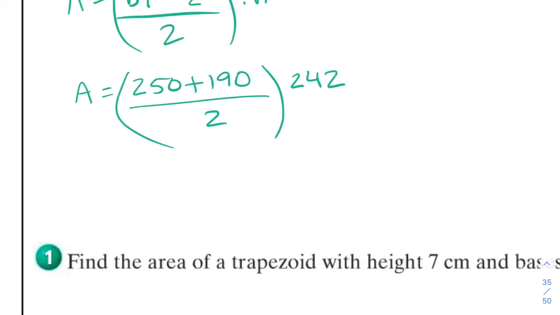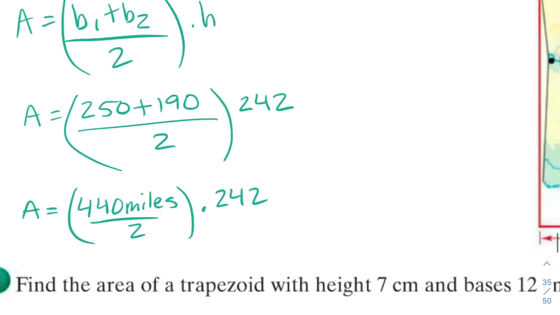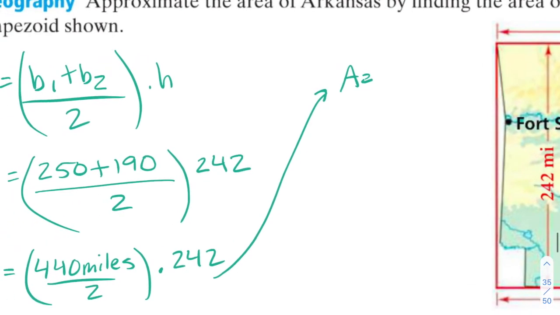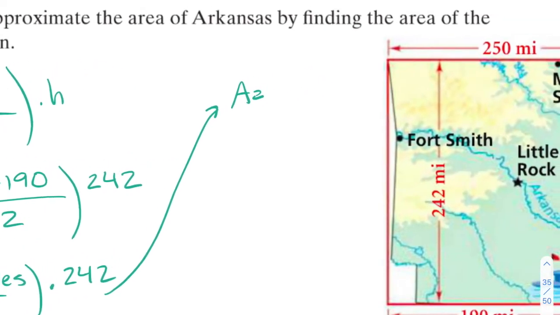So let me get my calculator. So we have area equals 440 miles divided by 2 times 242 miles. So we have area equals half of 440 is 220.